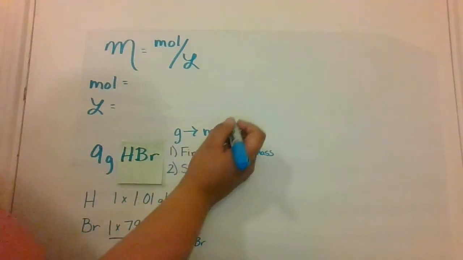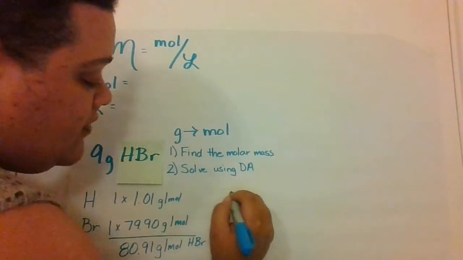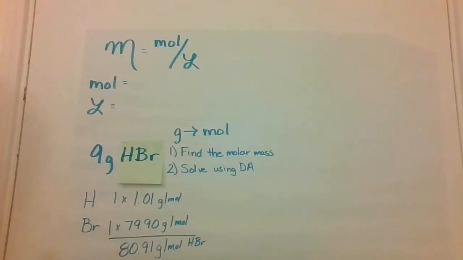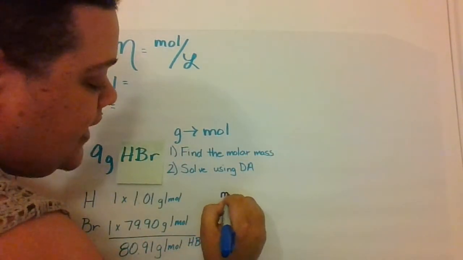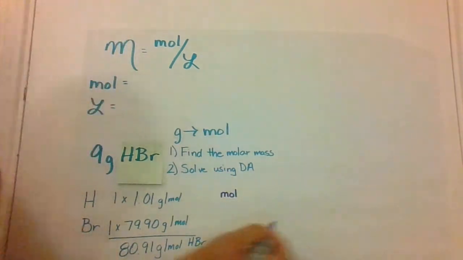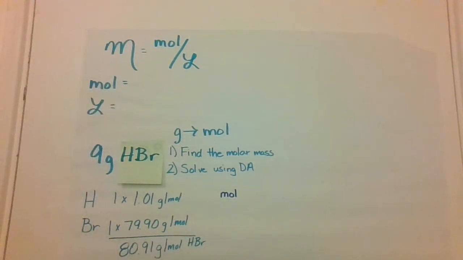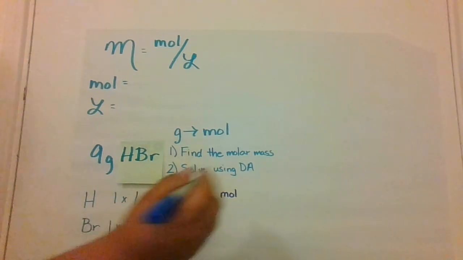So since we are needing moles, that's what we're solving for. Let's change our pen color here. So you know we have moved on to now solving using dA. So we're searching for a number of moles. So that is what will be on the far left of our problem. All right.